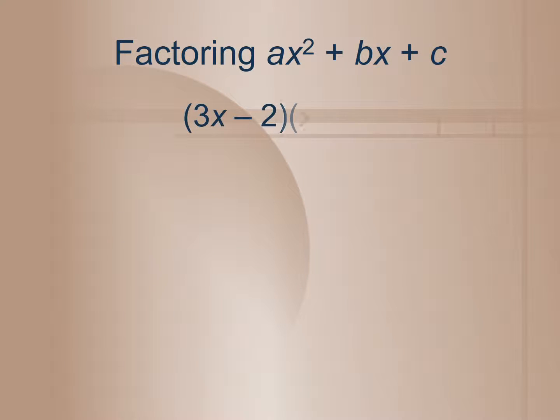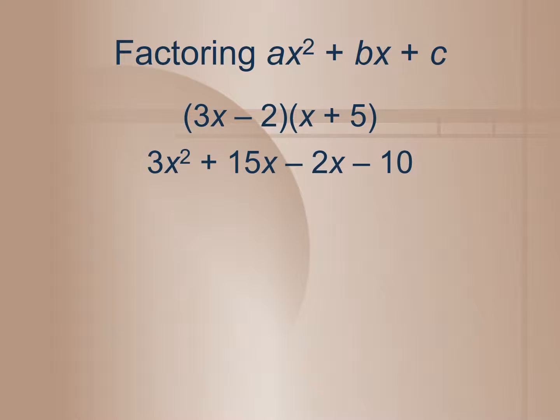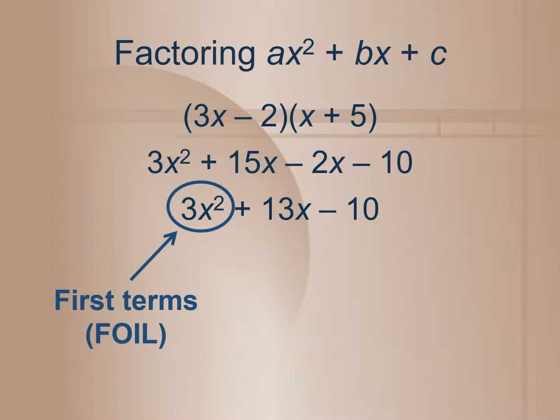All right, so when we are factoring ax squared plus bx plus c, these are what you need to remember. Whenever you multiply these two binomials, these two terms right here are your outer terms and your inner terms. That's how you get this middle term. You get this first term by multiplying your first terms, right?